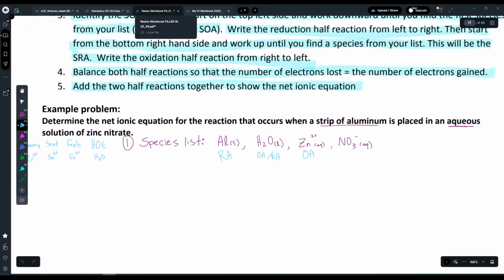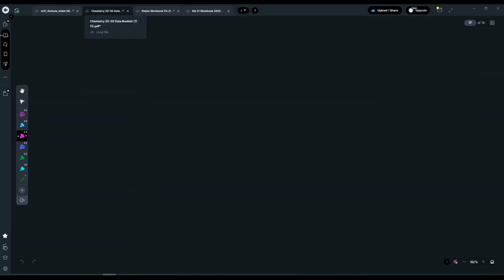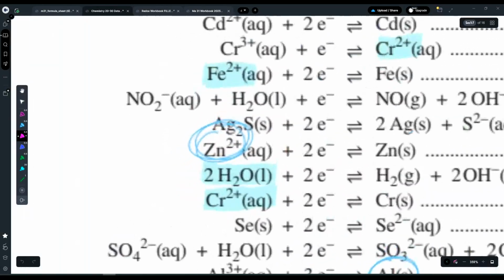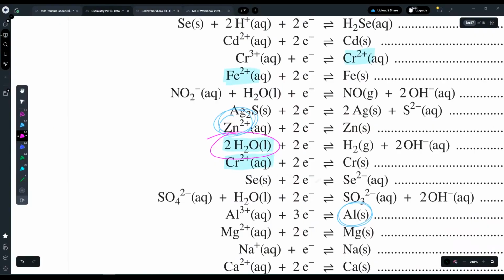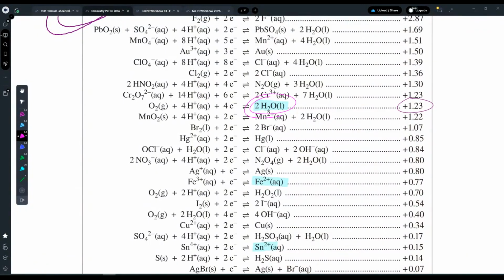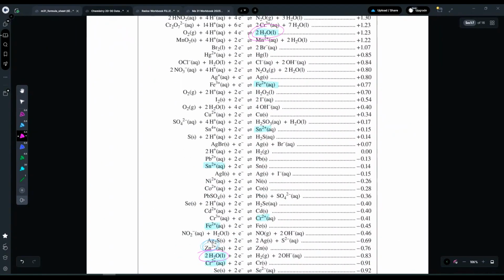That's okay, we're just going to leave it. All right, before I move on to step 3, I'm going to go back to my redox table and make sure I circle water on both sides. Where did that one go? Right there. Okay, just so that I have all of my OAs and RAs marked out.